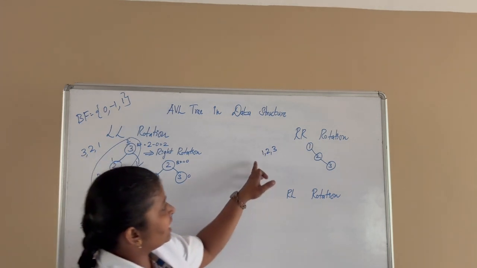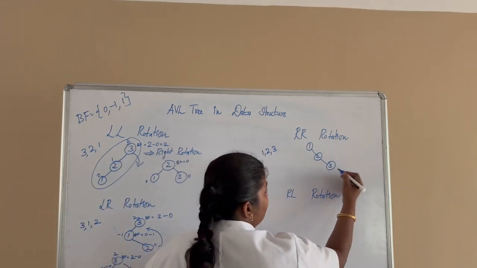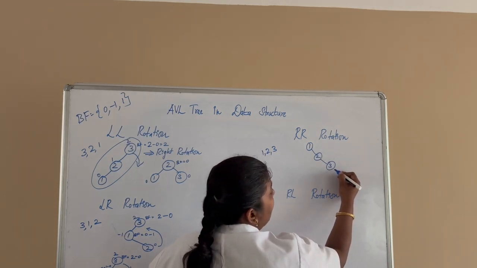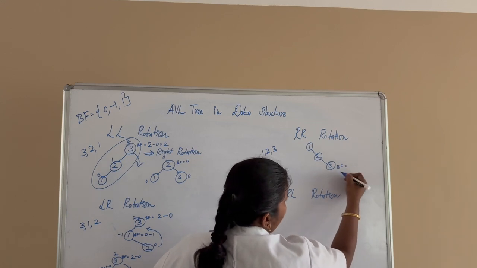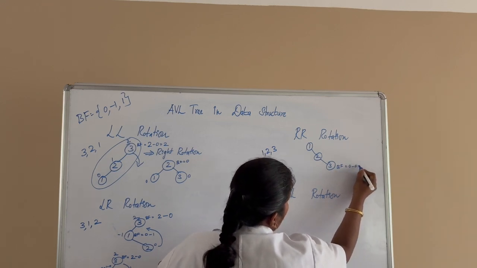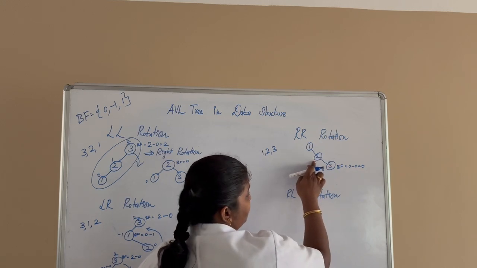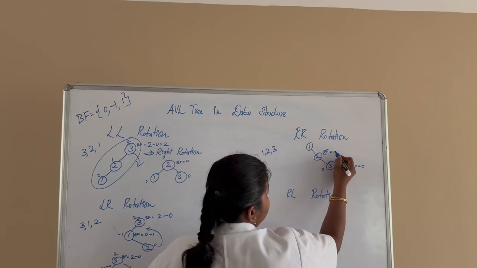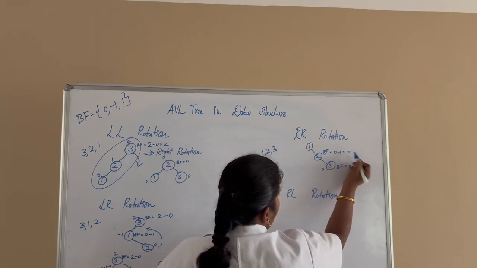So this is after insertion. This is our 3. For the balance factor, we have the formula: balance factor equals height of the left subtree minus height of the right subtree. For node 3, there is no left subtree and no right subtree, so 0 minus 0, 0. Next, for node 2, there is no left subtree, 0, and only one right subtree, so -1.